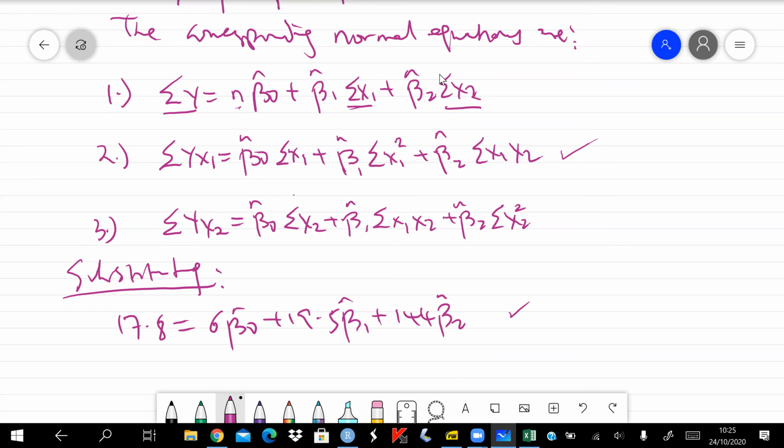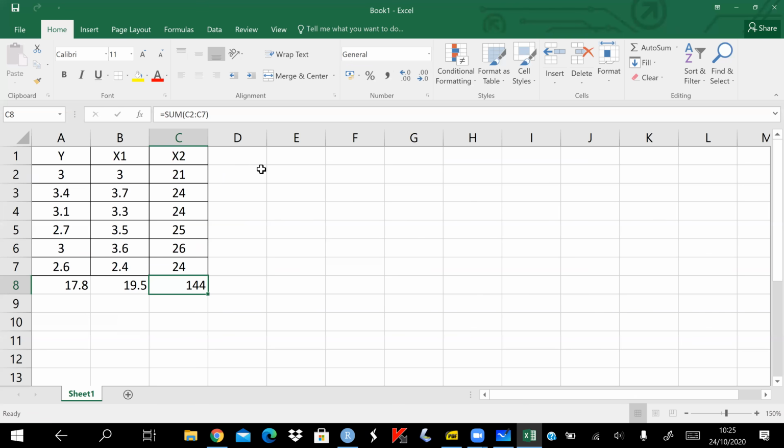The second normal equation, we need summation of y times x1, x1 squared, and x1 times x2. So going back to Excel, we can obtain those values.